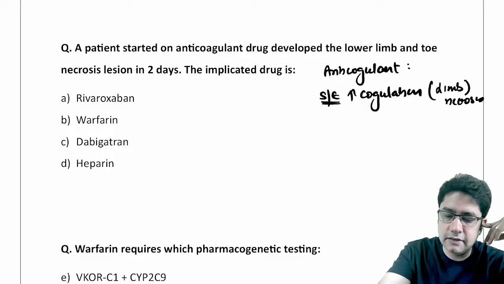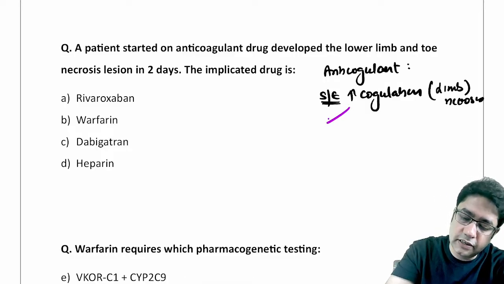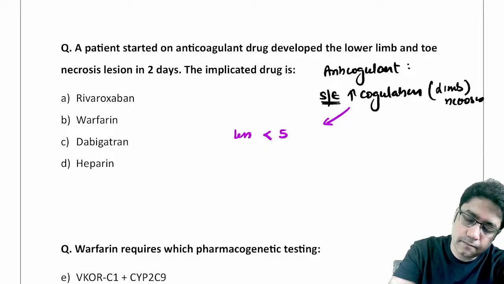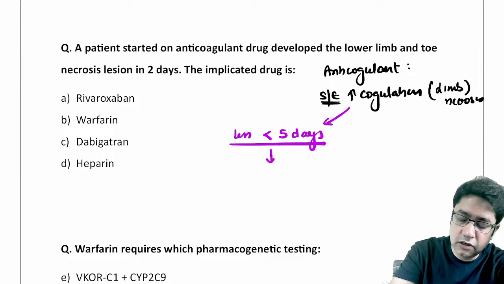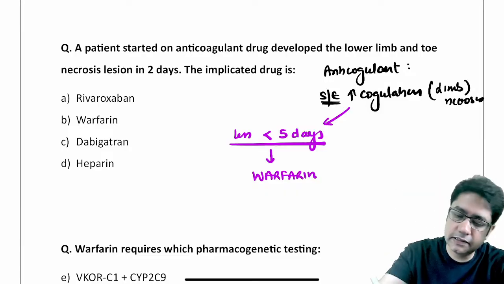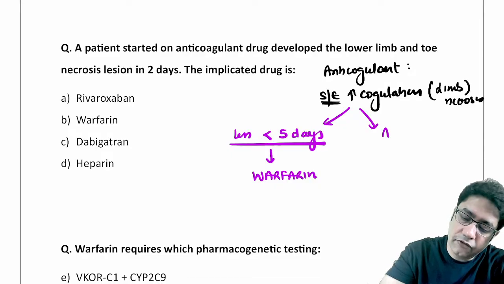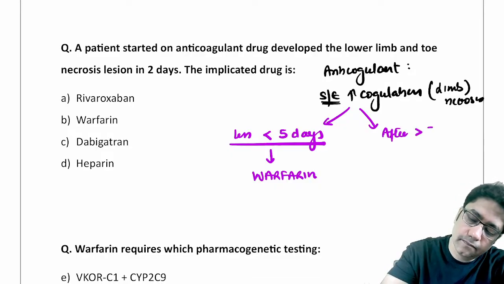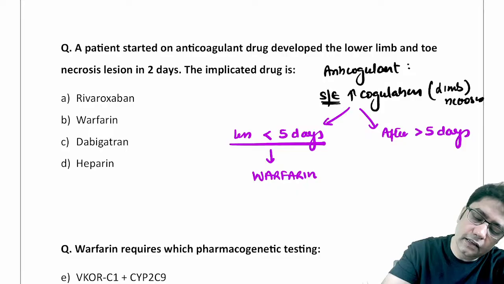Now understand this trick. If this is occurring in less than 5 days, go with warfarin. So warfarin increases coagulation in the initial 5 days, and if it is occurring after 5 days, go with heparin.